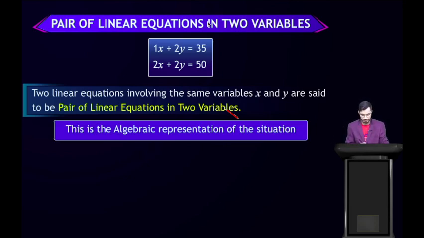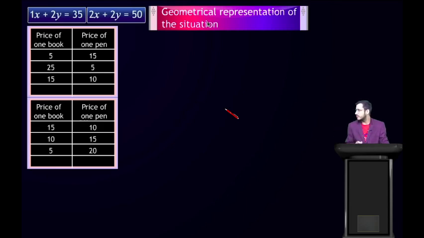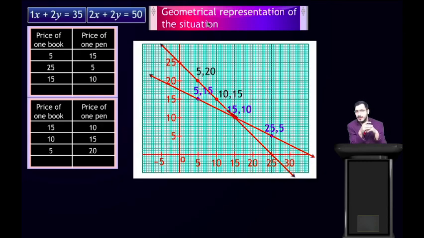Yes, you can see here the geometrical representation of this situation. There are two lines here and both the lines intersect in one point, you can see. So here the common solution of both the equations, or we can say both the lines, is 15 and 10.